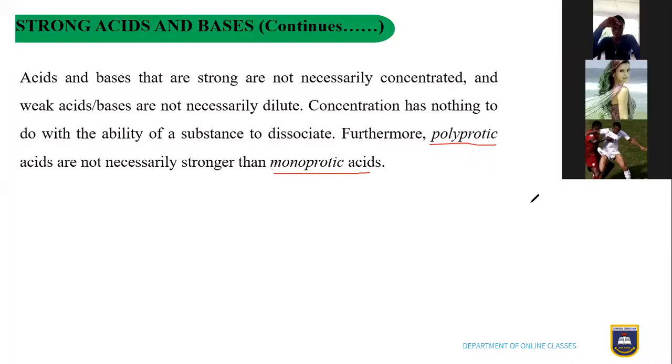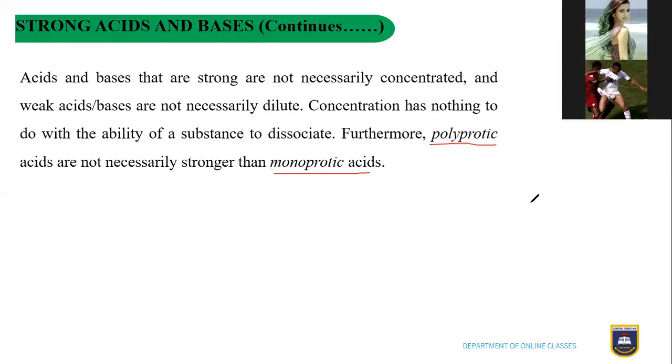Polyprotic acids are acids that have more than one ionizing H plus atom in their molecules. Okay, I will accept that somehow.